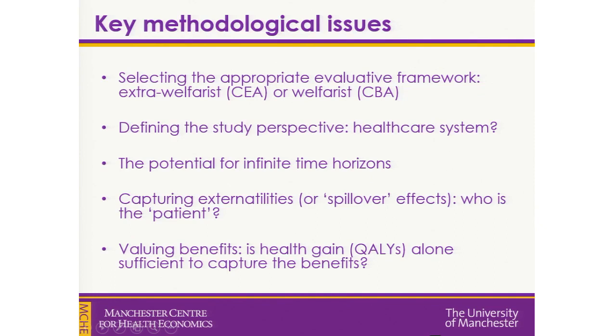By this I mean, if you define a genetic condition in a family, you're then saying, okay, this could affect future generations, not just the generation I'm looking at. How do you capture the spillover or knock-on consequences of a diagnosis in one person compared with the family member? And the last one, which is the one I'm going to focus on very quickly now, is how do we capture the benefits of a genomic-based diagnostic?